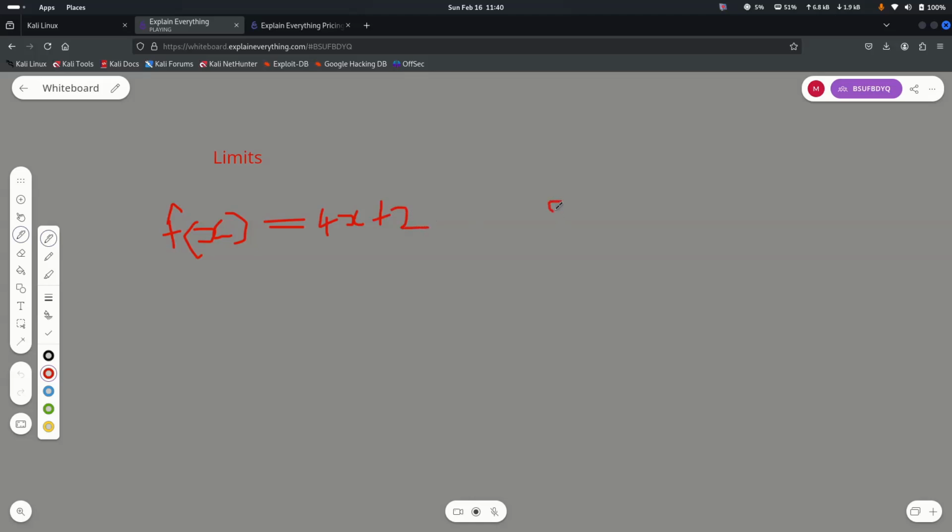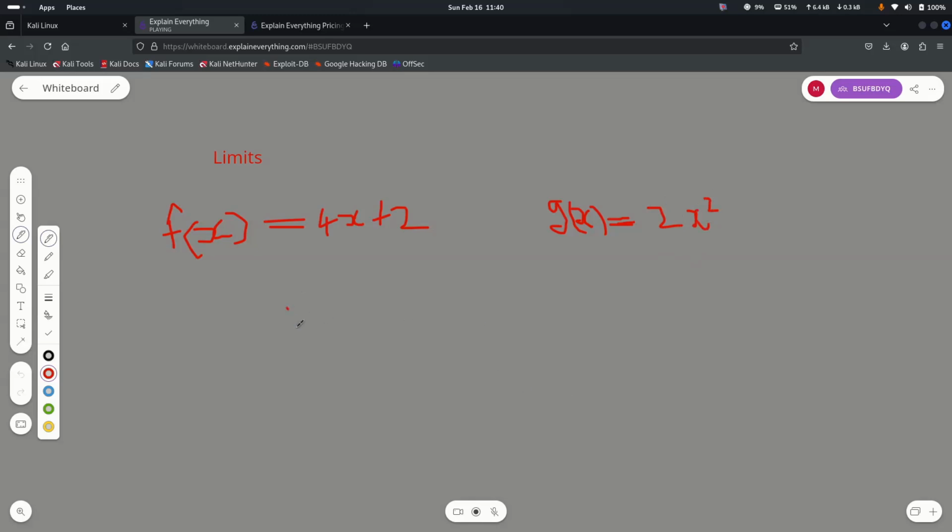Then we have g of x is equal to maybe 2x squared.